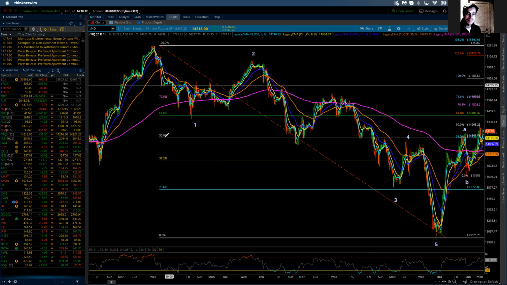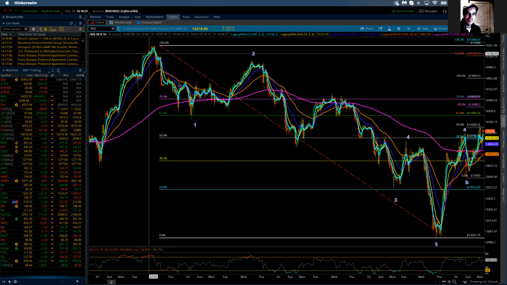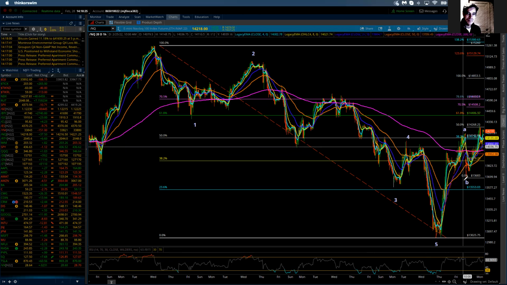Then we dropped back down, and now we're rising back up in the C wave. When we run extensions for the length of the A wave down to the bottom of the B wave, that gives us the expected parameters around a C wave. Again, all C waves must be 5.